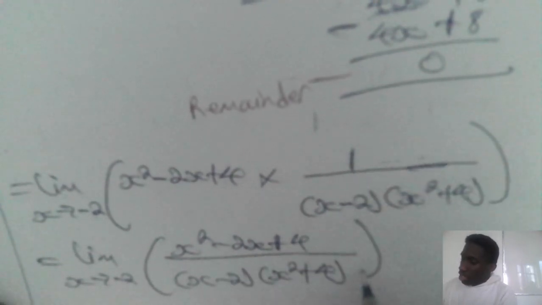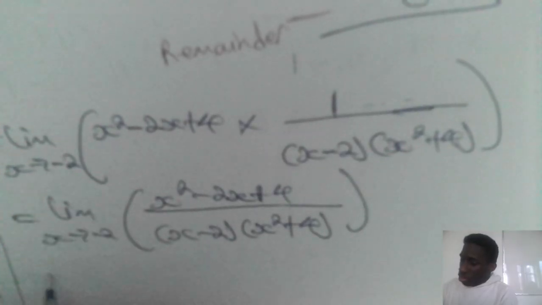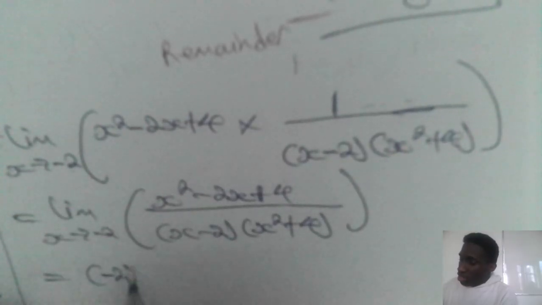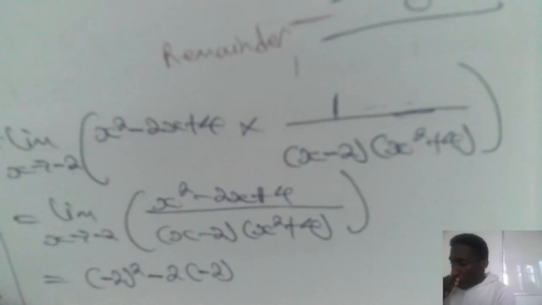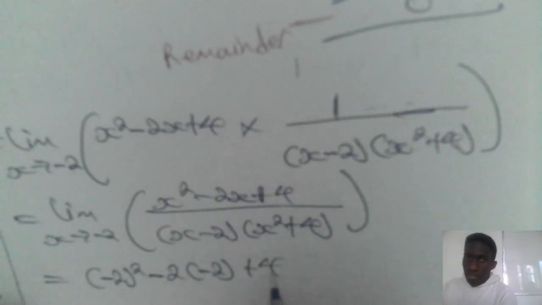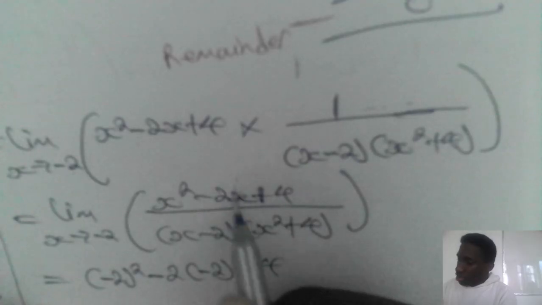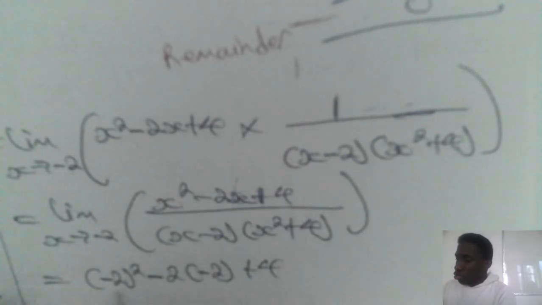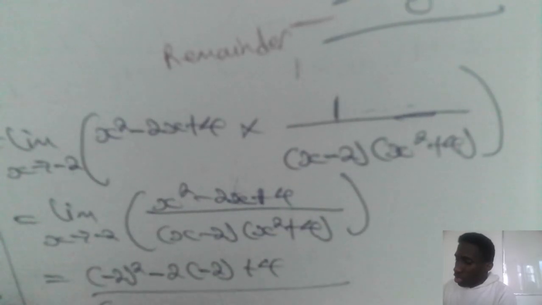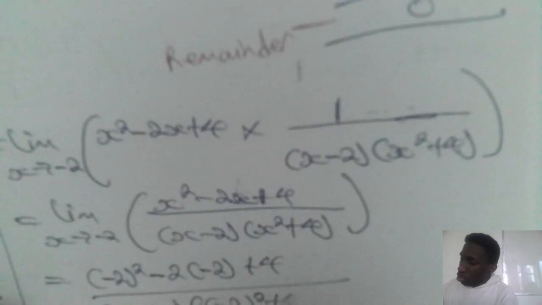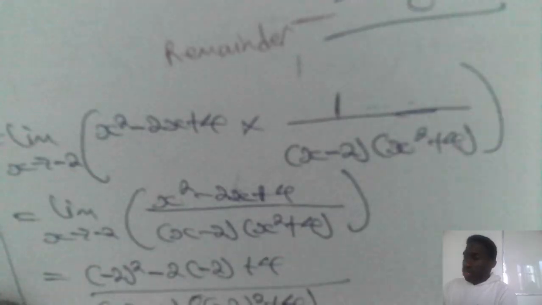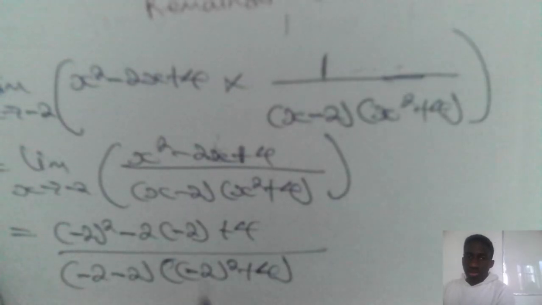And now we're trying again with the substitution. So wherever we see x, we're replacing it with -2. So all the x's are being replaced with -2. So here we have -2, -2, and here we have -2 all squared plus 4 as the denominator.